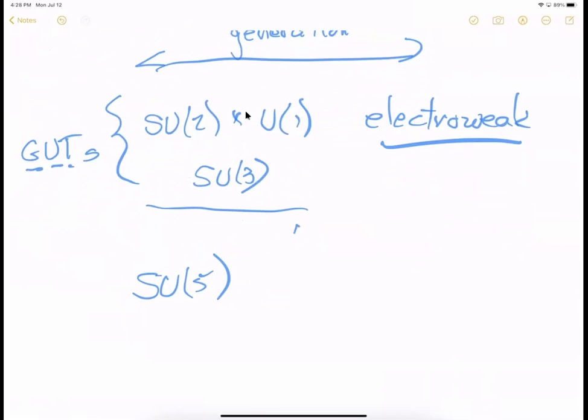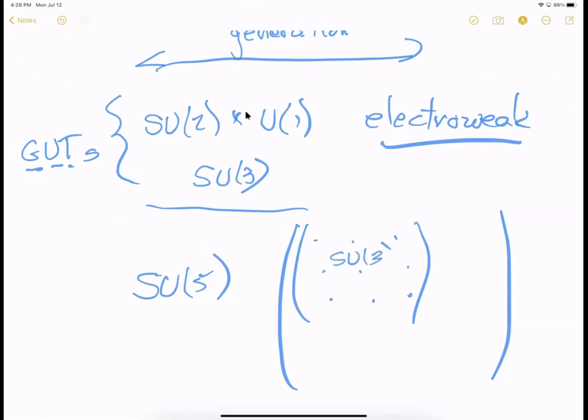So did I talk about the SU5 unification last time? You remember that? If you take SU5, the generators of SU5 are 5x5 traceless Hermitian matrices. I'll say it briefly again, so those of you who were here last time will now remember it. You can put an SU3 up here, and in this lower 2x2, you can fit an SU2.